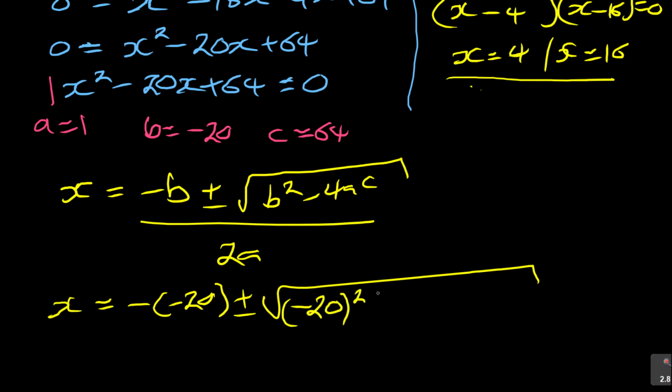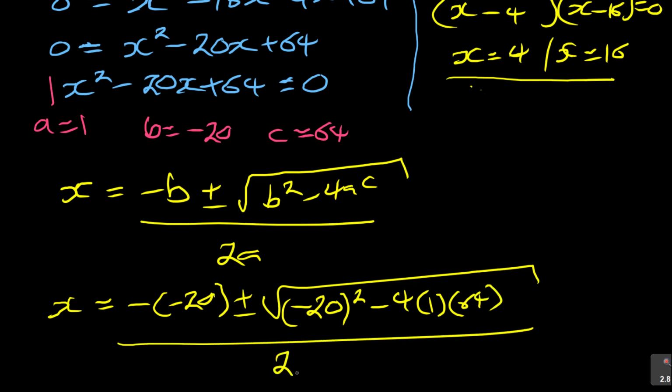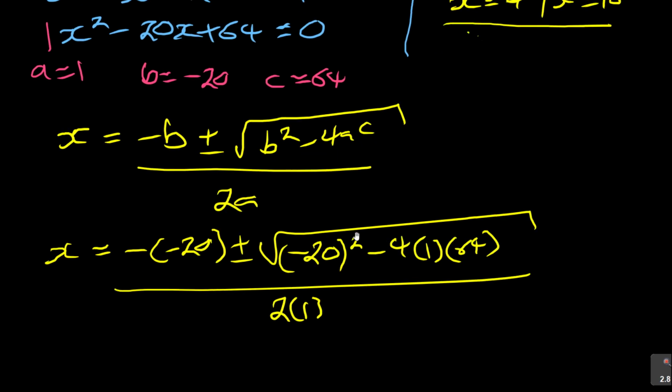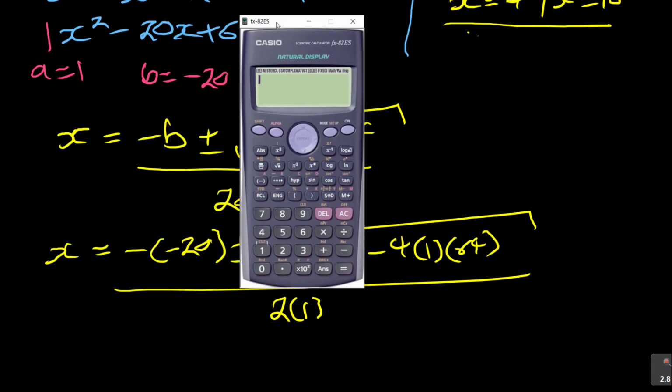If you forget the brackets, we are out of the game. Minus 4, a is 1, and c is what? c is 64. Then everything divided by 2 and 1. Don't forget that the square was supposed to be in brackets. Those are small things that sometimes make things come out of control in terms of why you didn't get your right answer.